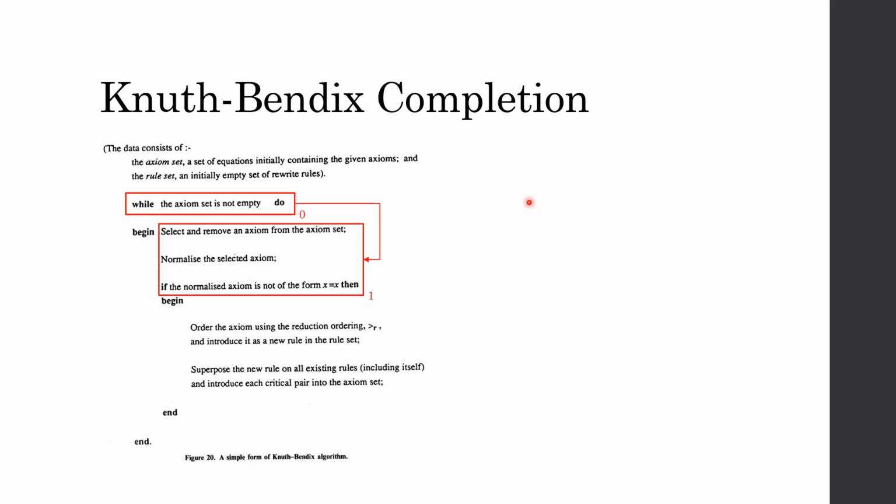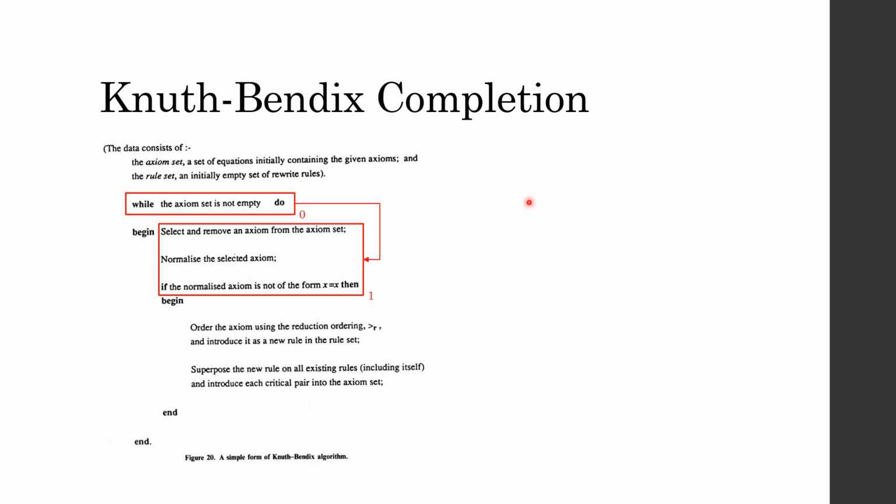Then select an axiom from the axiom set and normalize it. If this is at some certain stage of the algorithm, then you may have some rewrite rules, and you can normalize it. But at the start, there will not be any rewrite rules, so there's nothing to normalize.